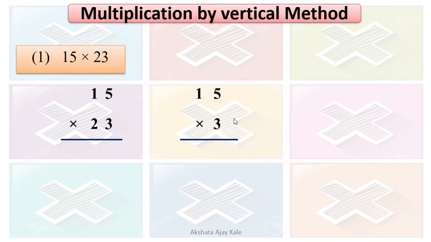So 3 5s are 15, isn't it? So 5 I will write here, 1 is carried over. Now 3 1s are 3 plus 1, that is 4. What is the answer for 15 multiplied by 3? 45. Correct? So we will write here 45, means what we did here, 15 multiplied by 3. Correct? Now we will multiply 15 by 20 in the next step.